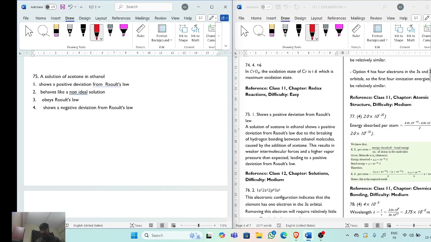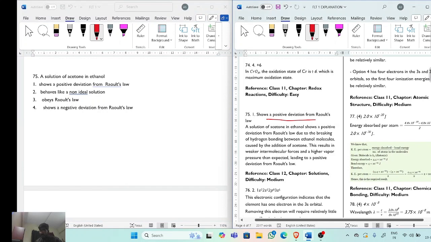A solution of acetone in ethanol shows a positive deviation due to the breaking of hydrogen bonding between ethanol molecules caused by addition of acetone. This results in weaker intermolecular forces with a higher vapor pressure than expected, leading to a positive deviation from Raoult's law. Okay, so option number 1 is our correct answer.